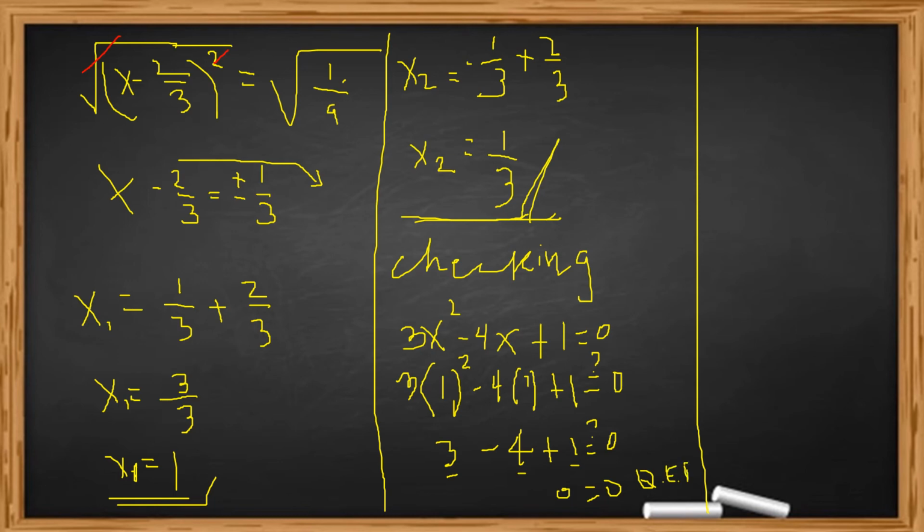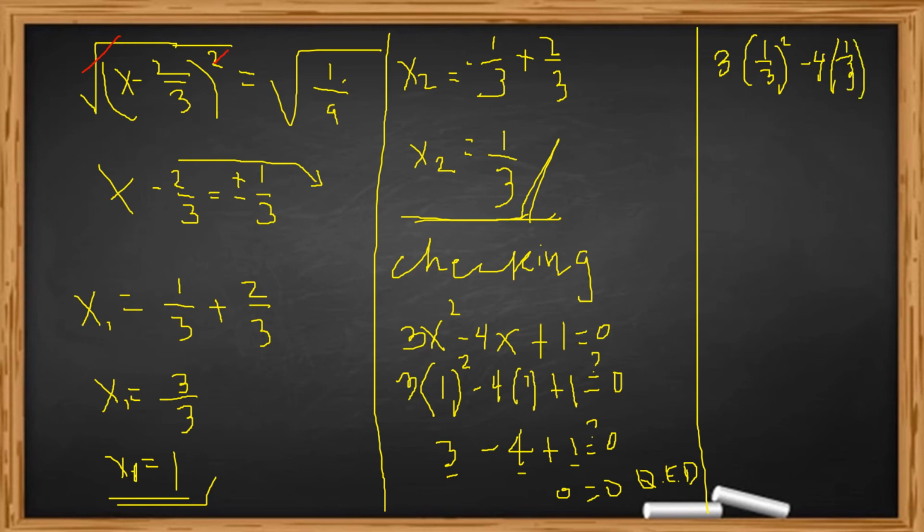Now, let's try the other value of x, which is positive 1/3. So, again, substitute it into the original equation. 3x squared, but our x is 1/3 now, squared, minus 4x, so minus 4 times 1/3.